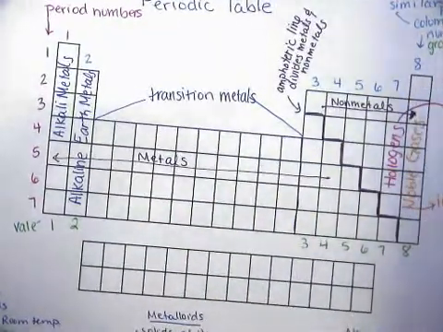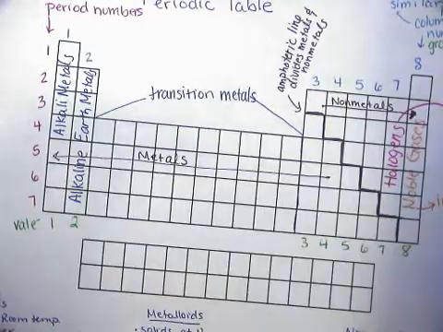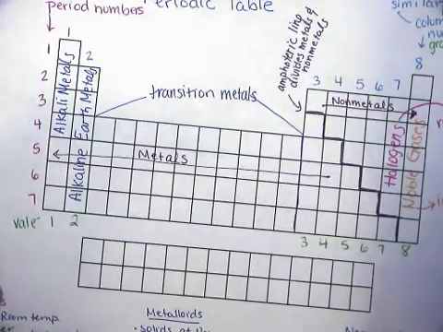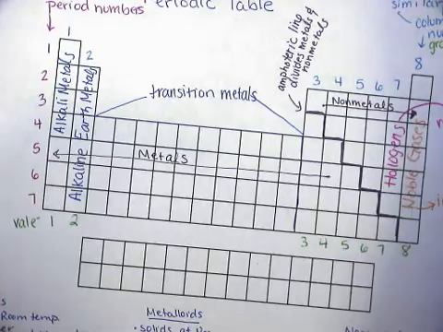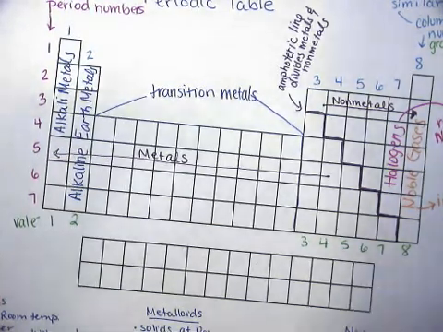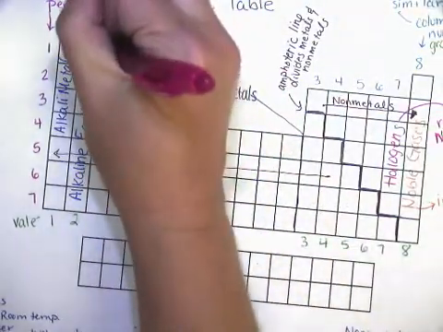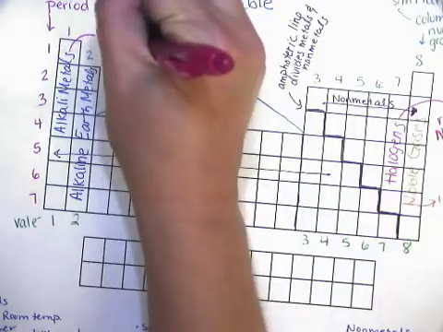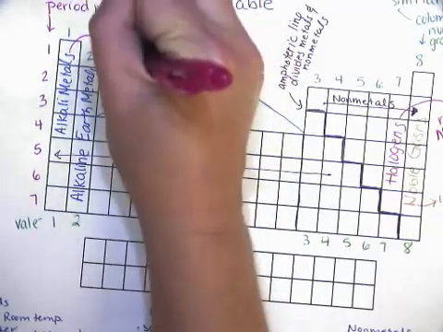Halogens, these are very reactive. And they're really the most reactive nonmetals. Abbreviate nonmetals NM. Similarly, alkali metals are the most reactive metals.